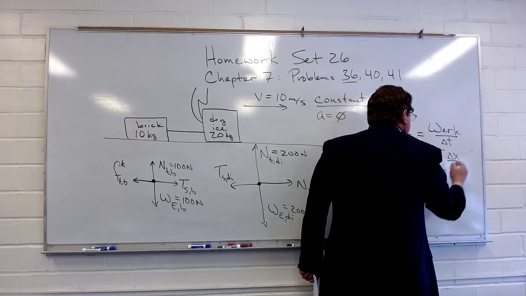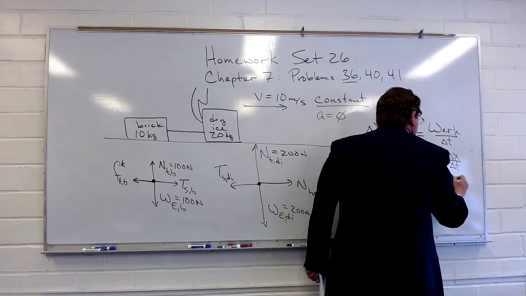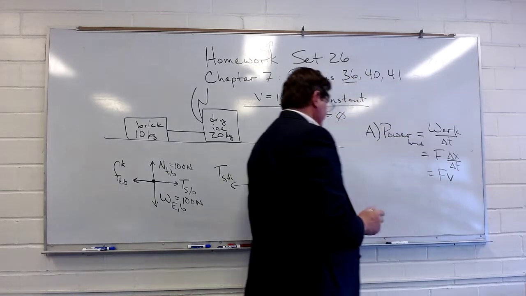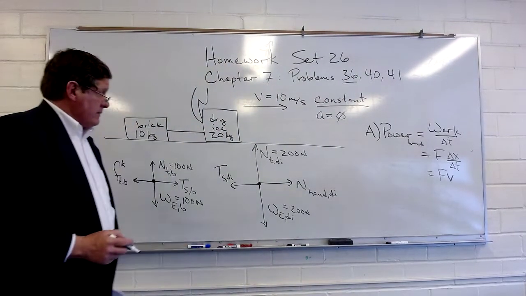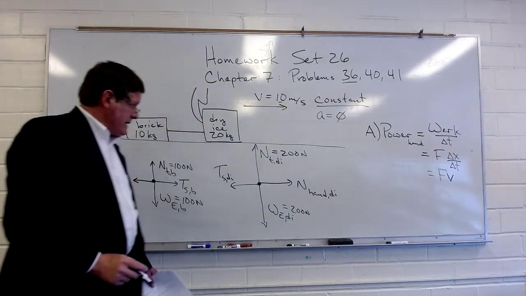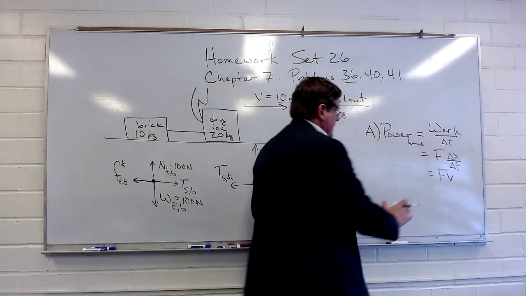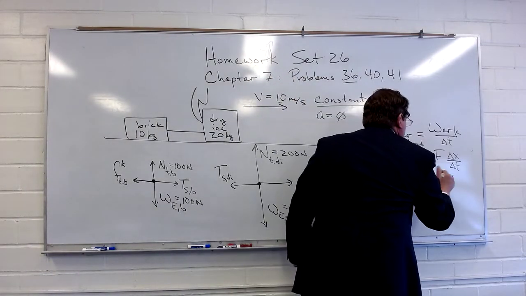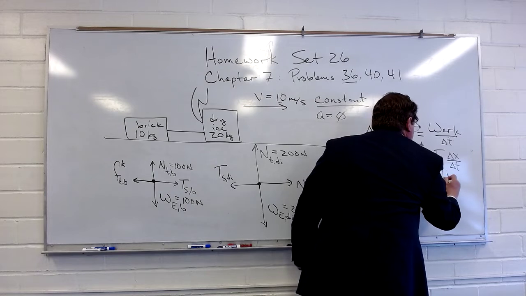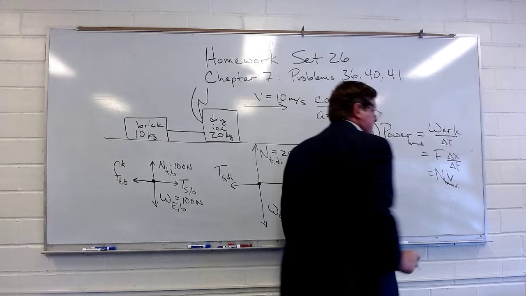Well, the distance or the displacement over the time is just the velocity, okay? Now, the velocity is given, that's 10 meters per second. So I need to know, in this case, since we're looking for the power by the hand, the force would be the normal force by the hand on the dry ice.